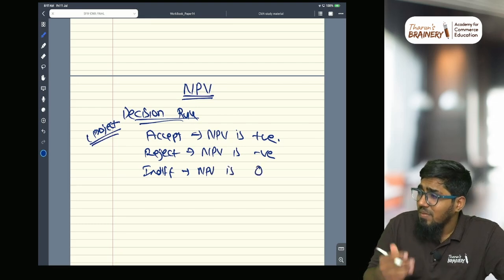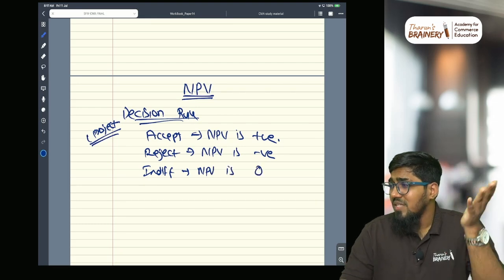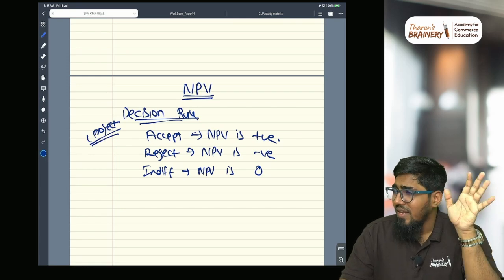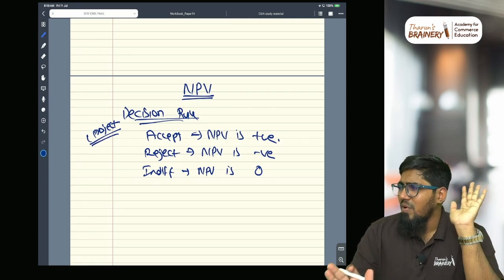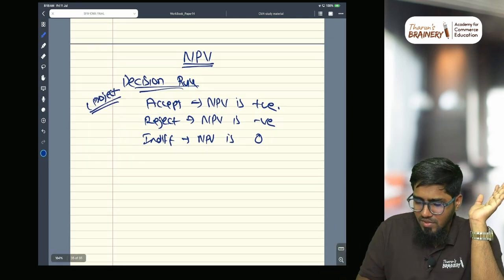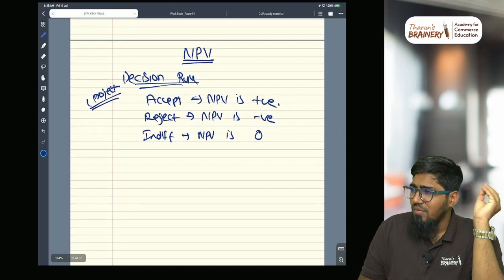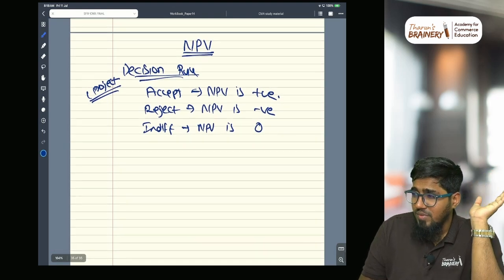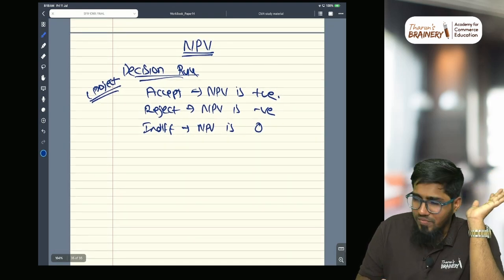Sometimes you can also reject. If NPV itself is 0, you can directly call reject, but conceptually it is indifferent. In some books they will also write reject for NPV 0, but conceptually it is indifferent.